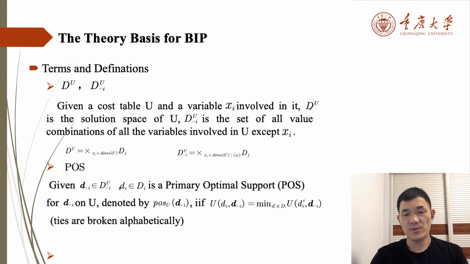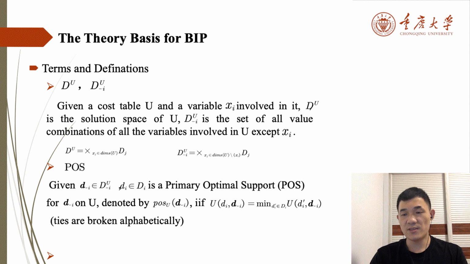Before elaborating on BIP, I first introduce the following terms, definitions, and properties. U is the solution space of U. The minus-i U is the set of all value combinations of all the variables involved in U except xi.